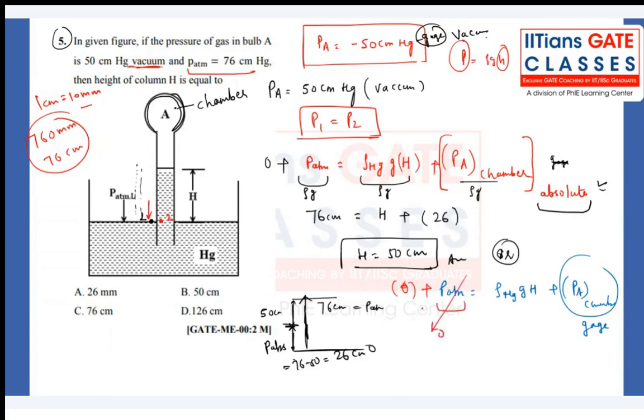I should take it straight away as zero, right? So directly you are measuring minus 50 only. Zero minus 50 plus h. So h will be once again 50 centimeter. So either you calculate in that way or in this way, the answer will be the same. That is B.